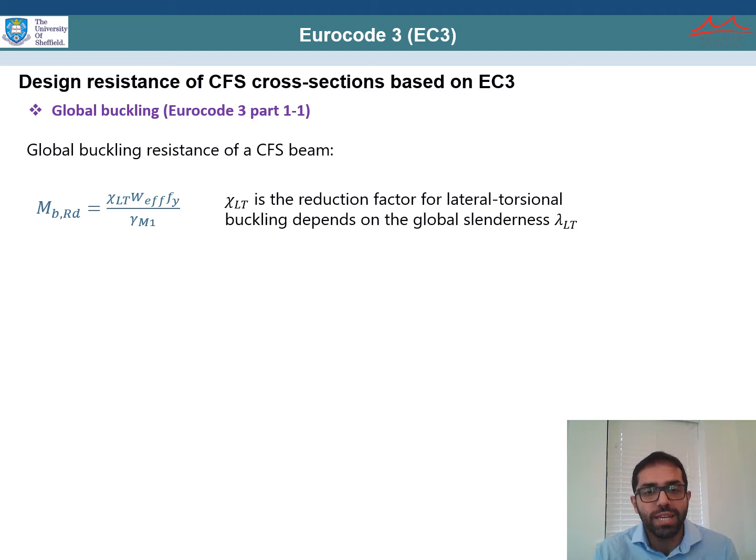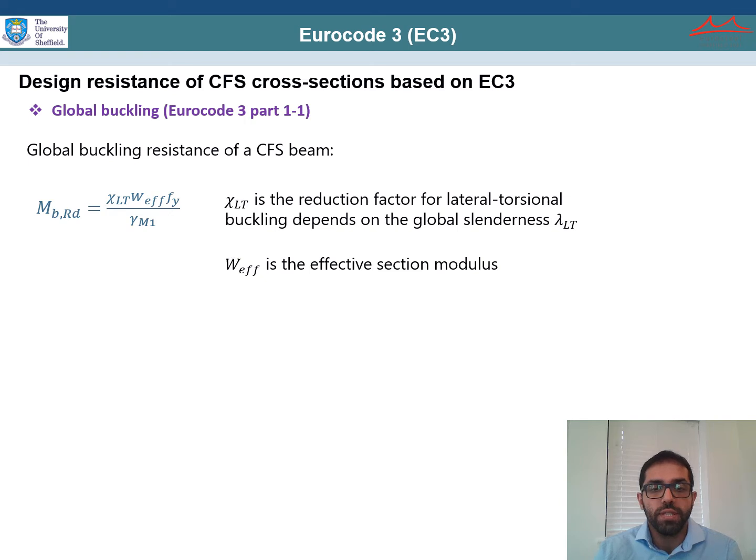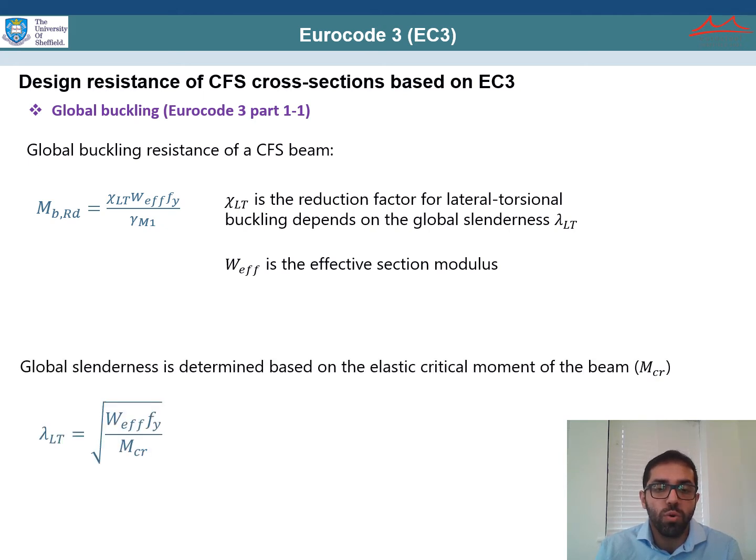In this equation, chi LT is the reduction factor for lateral torsional buckling, which depends on the global buckling slenderness, lambda LT. W effective is the effective section modulus, fy is the material yield stress, and gamma M1 is the safety factor, which is taken equal to 1. And global slenderness is determined based on the elastic critical moment of the beam, which is called M critical.